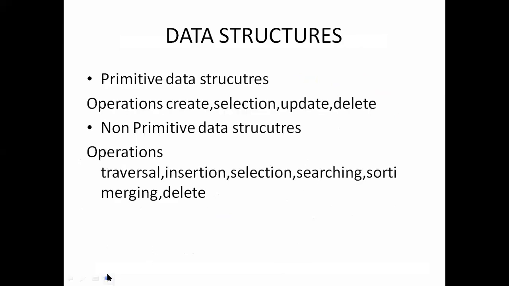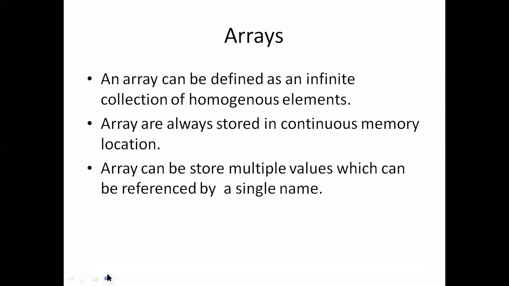Next, coming to arrays. An array is defined as a collection of homogeneous elements. Arrays are always stored in continuous memory allocation, and an array can store multiple values which can be referred to by a single name.